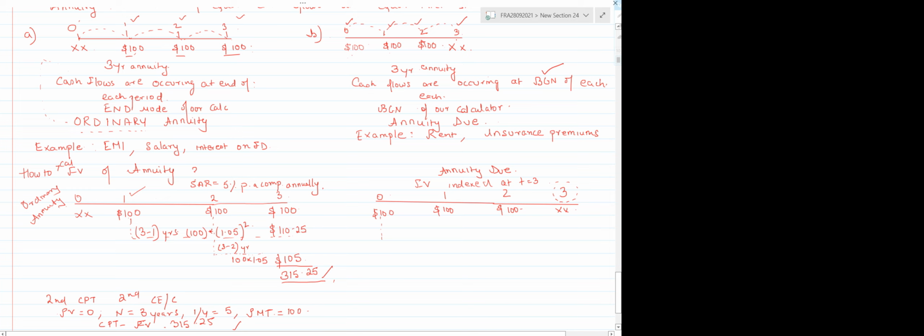So now I'll compound this cash flow by how many years? 3 years, or 3 minus 0. So 100 into 1.05 to the power of 3. How much is this?